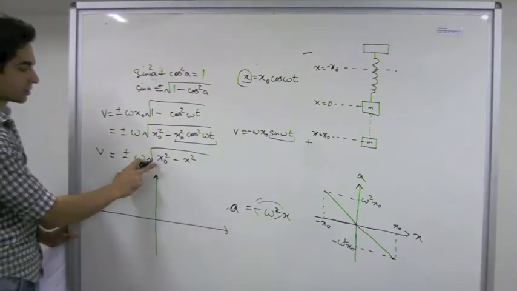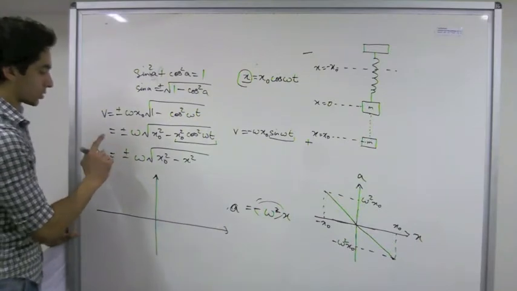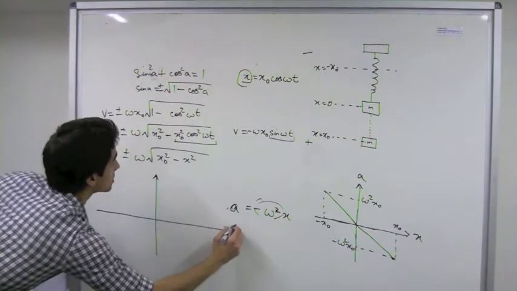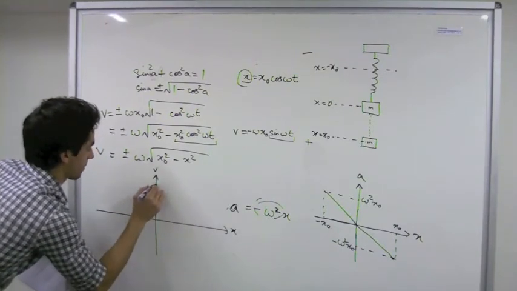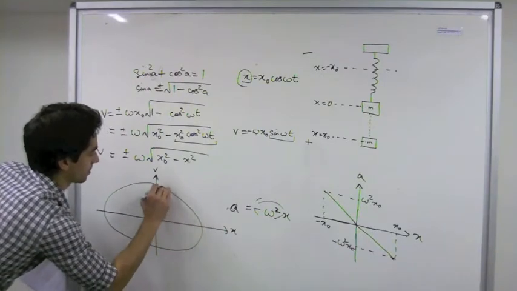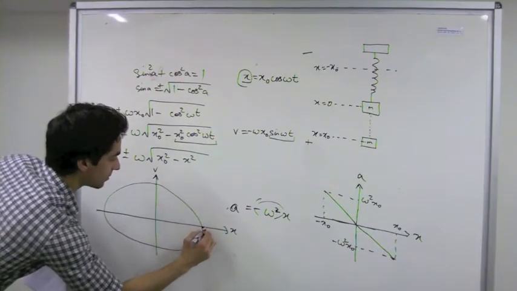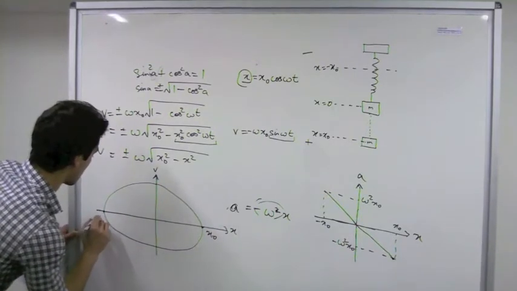It will be a circle when omega takes on the value of 1. So we can just see how this will vary. Roughly an ellipse, varying between x naught and minus x naught.